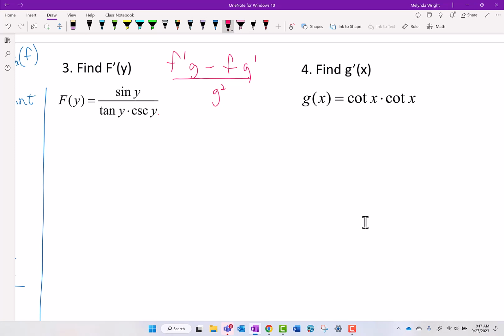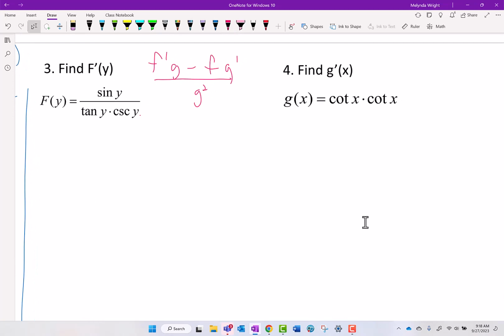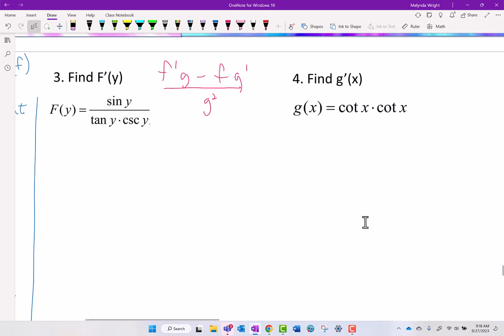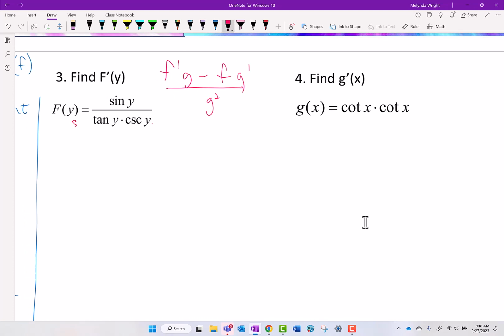And actually, before we jump in, we know that the quotient rule is going to be intense. Let's just see if there's a way to simplify it just a little bit, even a little bit. So what is tangent? Tangent is sine over cosine, and cosecant is what? 1 over sine.